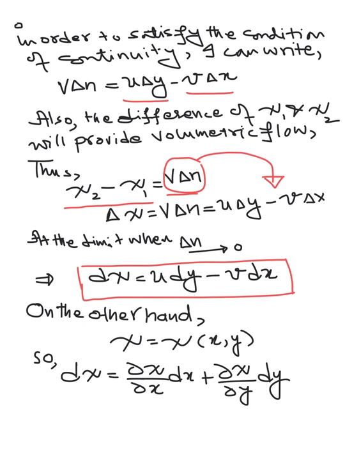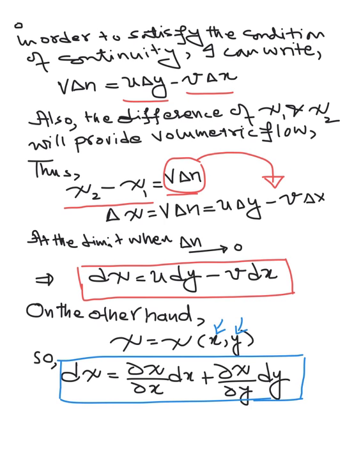On the other hand, if I consider my psi function, which is a scalar function and depends on two parameters x and y, I can easily write down this relation based on the definition of the total derivative, the total change.